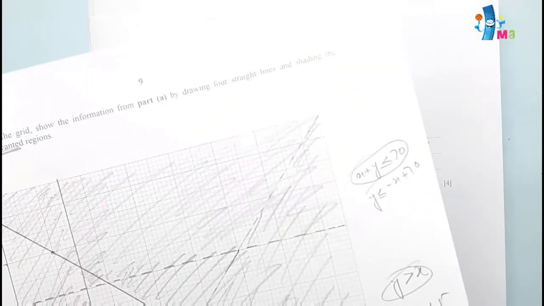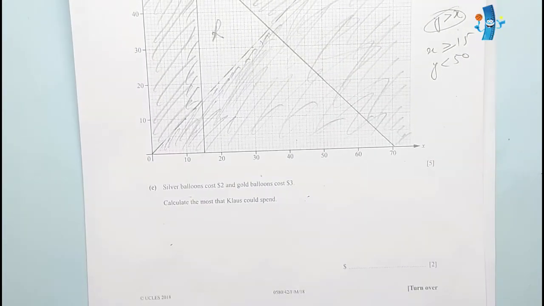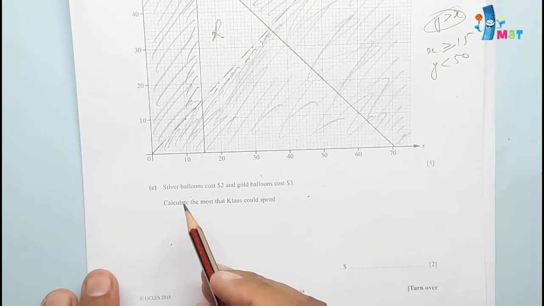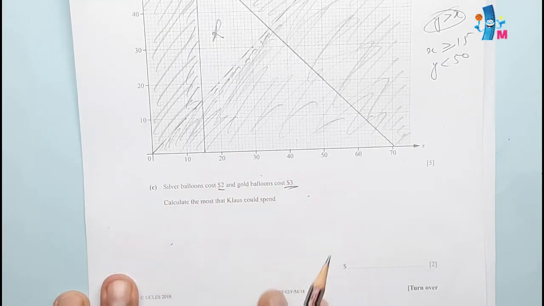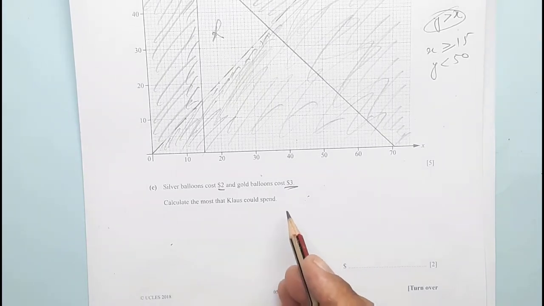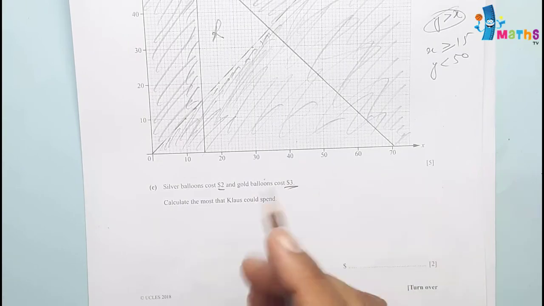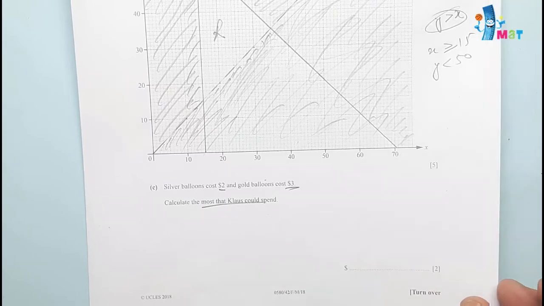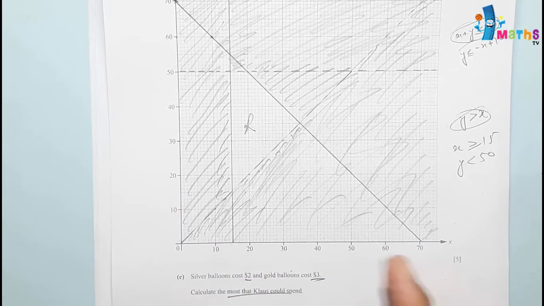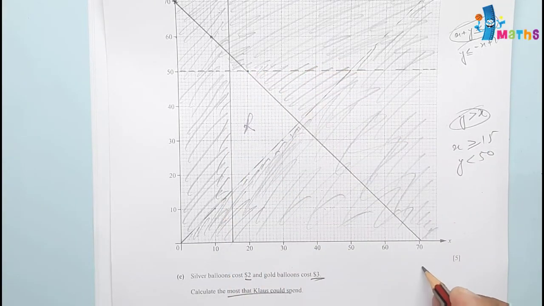And the next part is basically this part C, which we have to answer. Silver balloons cost $2 and gold balloons $3. So we have to calculate the most Claus could spend. If you check, our point is over here, around 21 and 49.